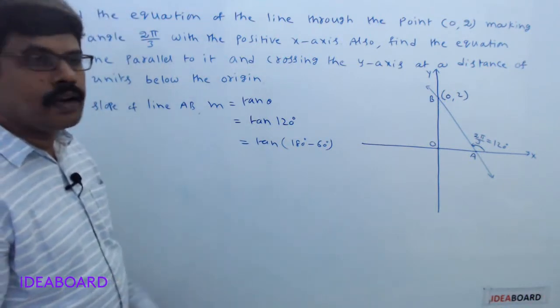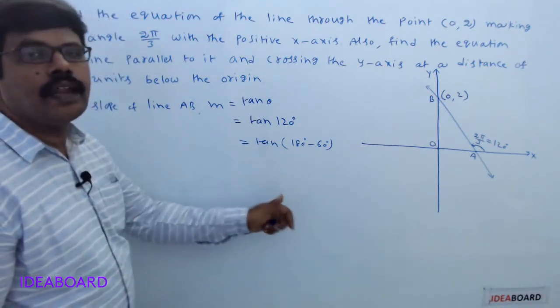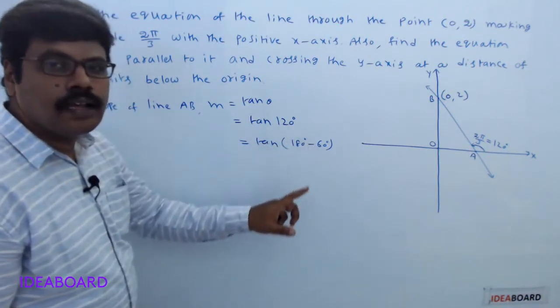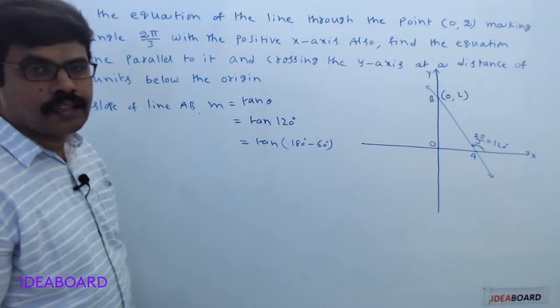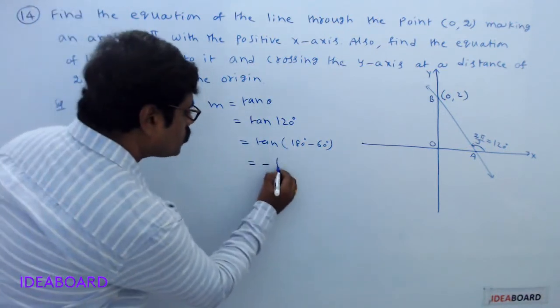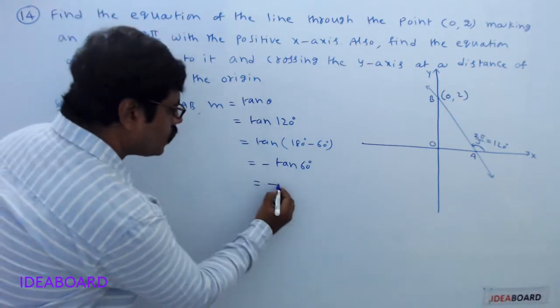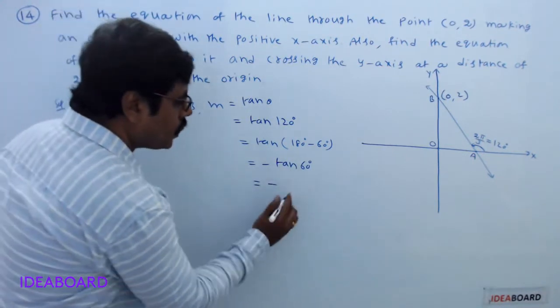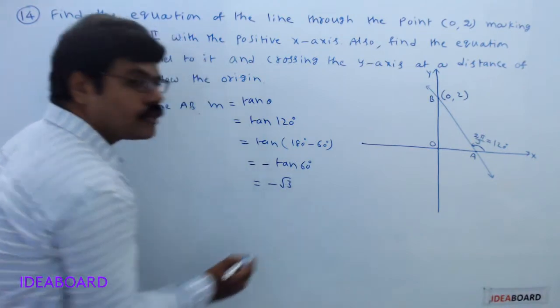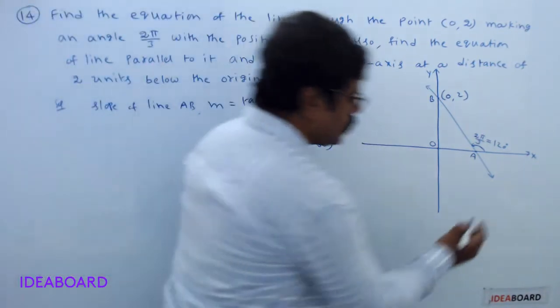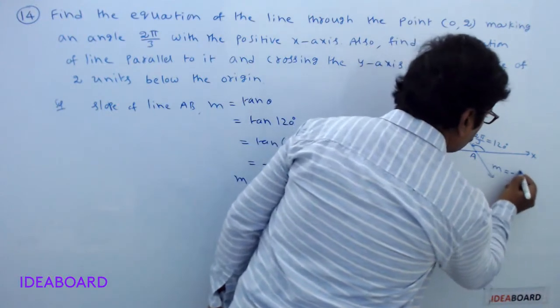In second quadrant, tan function is negative. So tan of 180 minus theta is same as minus tan theta. So this is minus tan 60 degrees. This is equal to minus tan 60 degrees value root 3. So therefore slope of line AB is minus root 3.